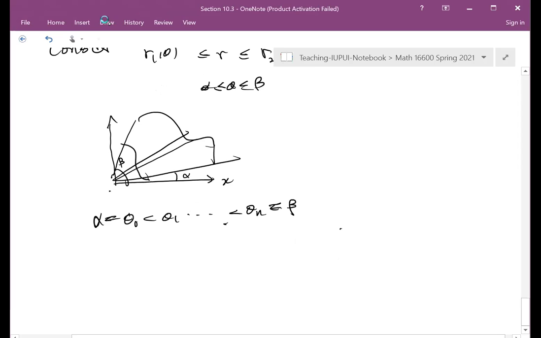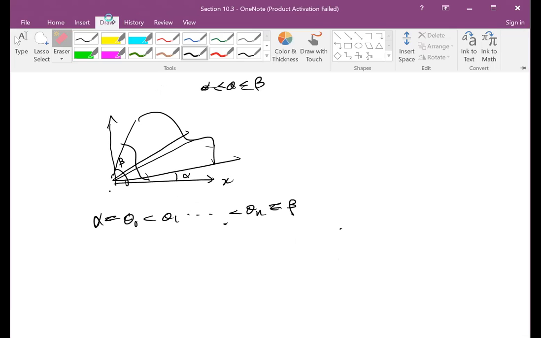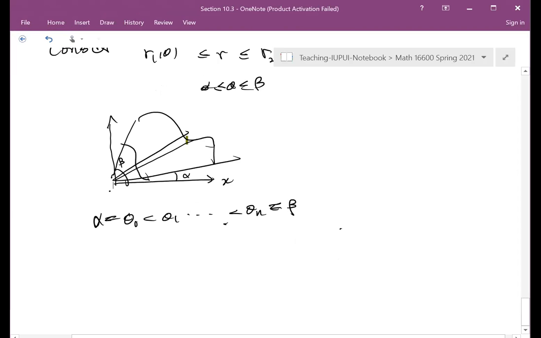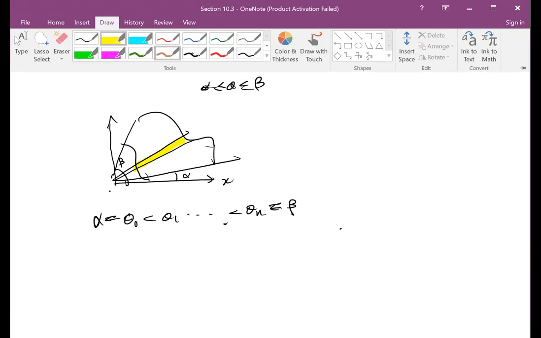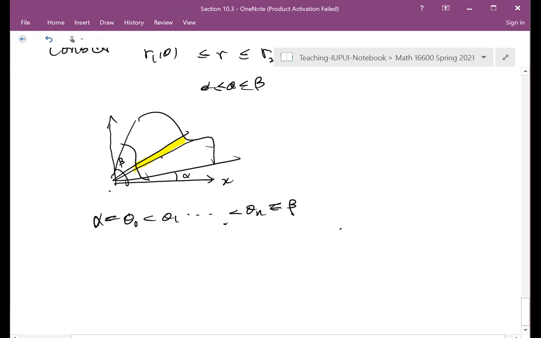What I'm trying to do is estimate that piece. For that piece, if the radius r_i is arbitrary between these two, I'm going to take r star, the value at any theta_i star, where theta_i star is between theta_(i-1) and theta_i.